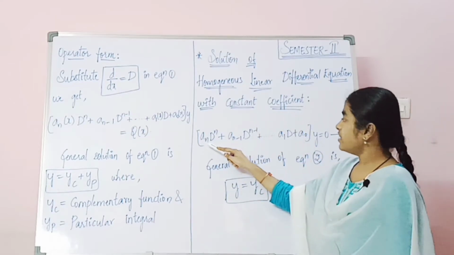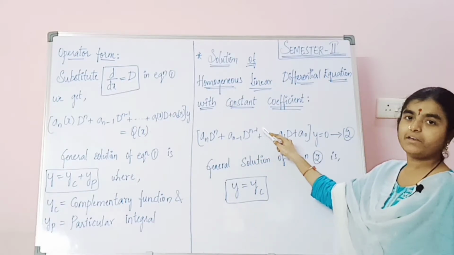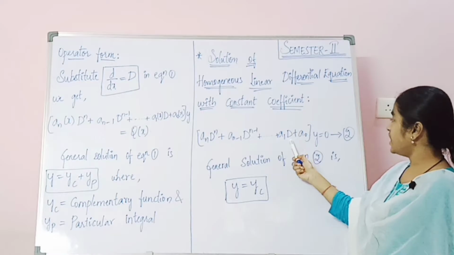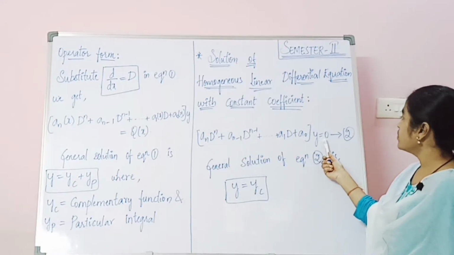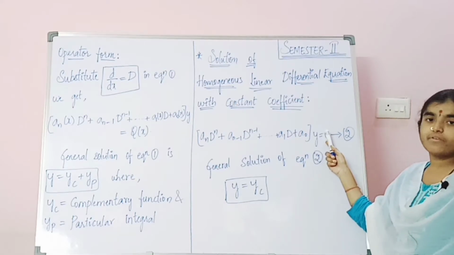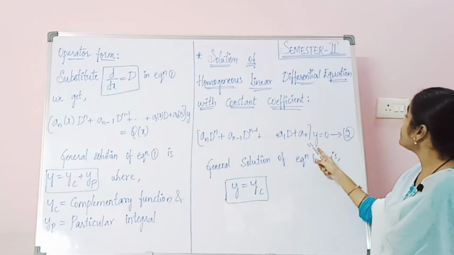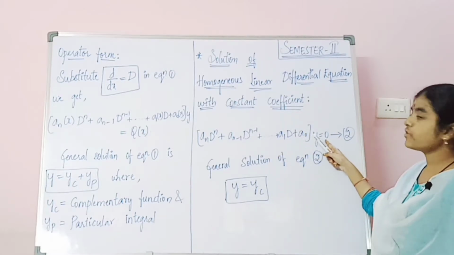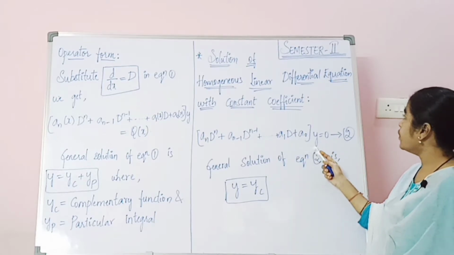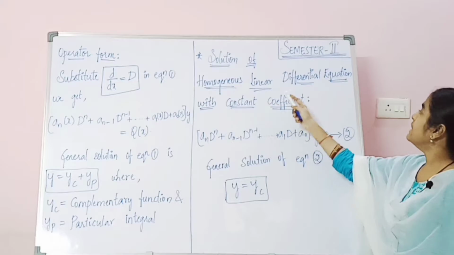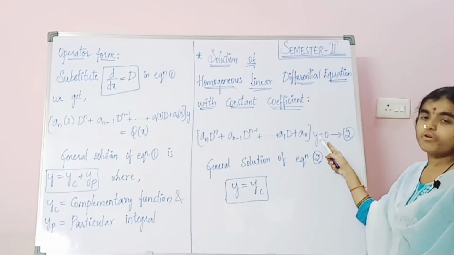Here an into D power n plus an minus 1 into D power n minus 1 plus so on up to plus a1 into D plus a naught, taking y as common, equals 0. We discussed earlier that q of x equals 0 means it is a homogeneous linear differential equation, so in place of q of x we substitute 0.